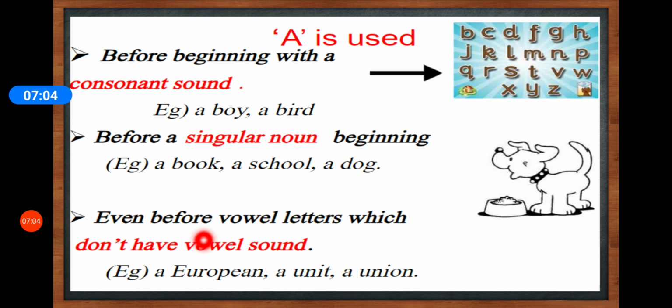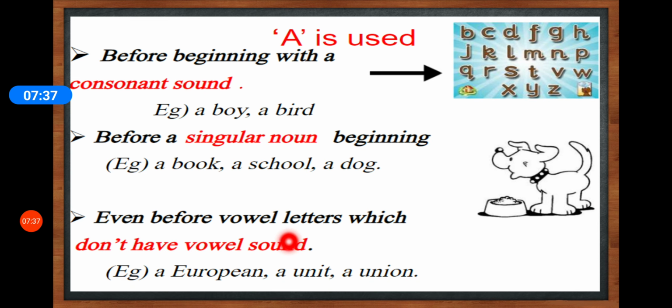That is the reason before European, although it begins with a vowel, the letter is vowel. E is a vowel. But the sound, the combination of E and U, the sound it is creating is U, which is a consonant sound. So, consonant sound, that means article A. That's why we say a European.